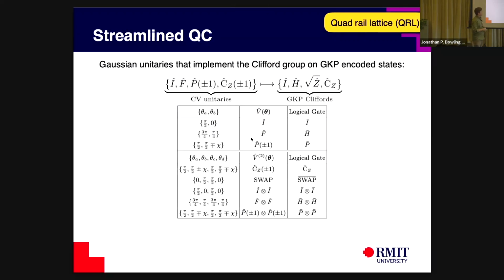As well as the single mode gates, which were previously already thought out in the noise analysis paper, for the two-mode case, we've shown that you can do the GKP Clifford gates, like the CZ gate, based on this choice of angles, not that the specific angles matter too much at this point. And so essentially this is just showing us that your choice of angles can enable you to do all the CV unitaries that correspond to the GKP Cliffords.